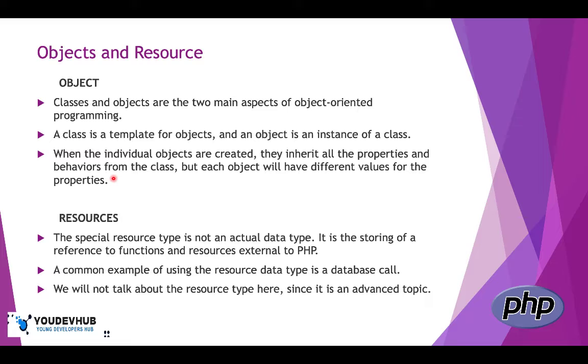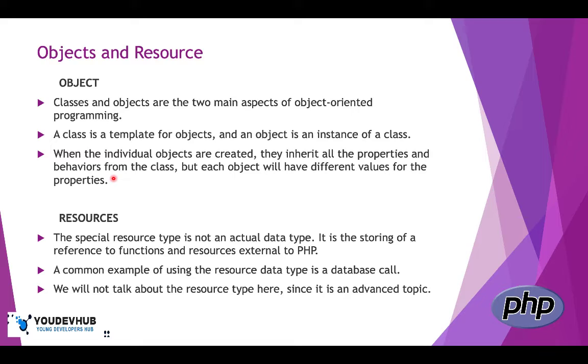But I want you to understand the different data types we have now. We have the string data type for storing text or characters. We have the integer data type for storing numbers that are positive or negative and do not have a decimal point. We have the float for storing numbers with a decimal point.